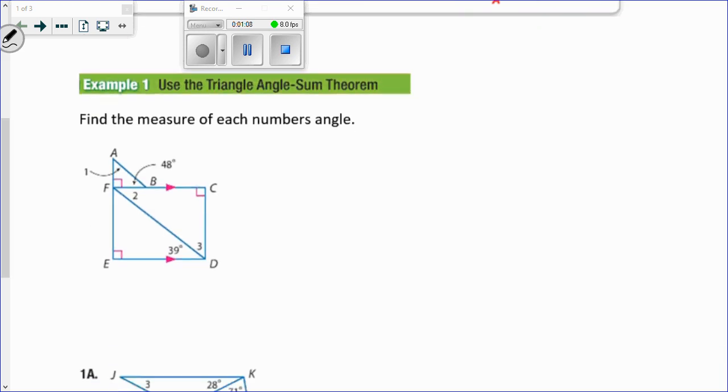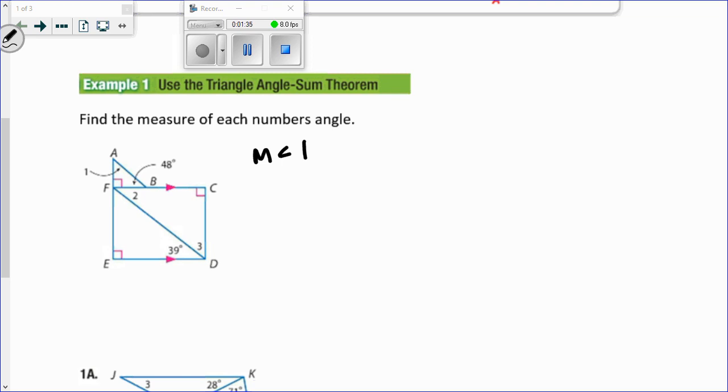We're going to look at example 1 here. Use the triangle angle sum theorem. Find the measure of each numbered angle here. So looking at angle 1, let's find the measure of angle 1 first. That's up there in the ABF triangle. Well, we have the angle B is 48.